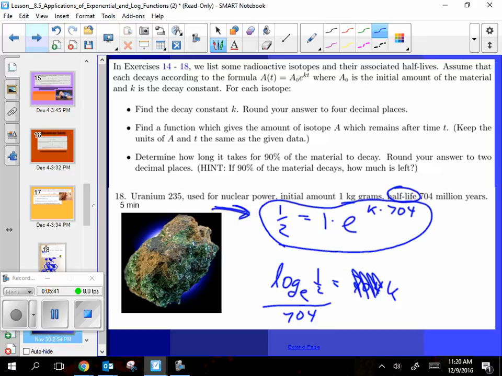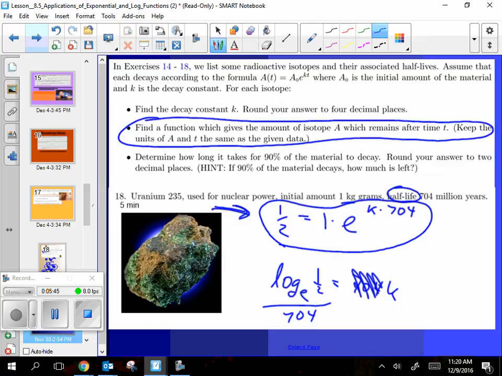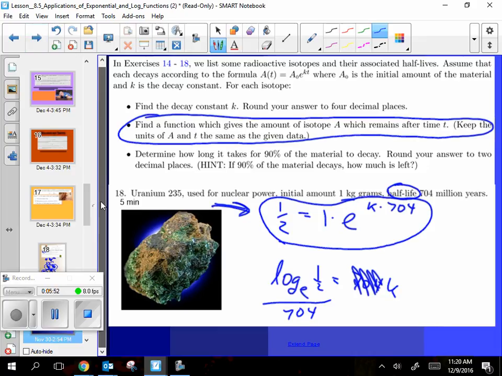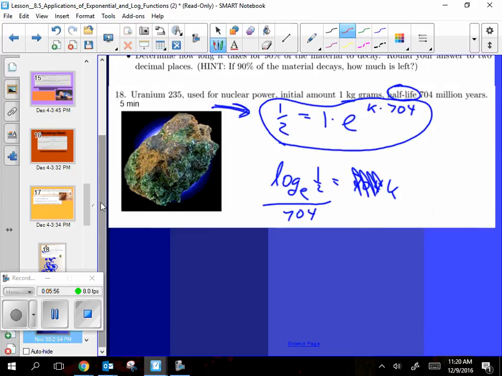This time, I'm going to give the points for this part of the problem, which says find the function which gives you the amount in terms of t. So we have to basically do what I just showed you on the last one. Put this into the other equation, which is A of t. I really don't care what the variable is, you could have just used a, that'd be okay. It is equal to the starting amount, which is 1.